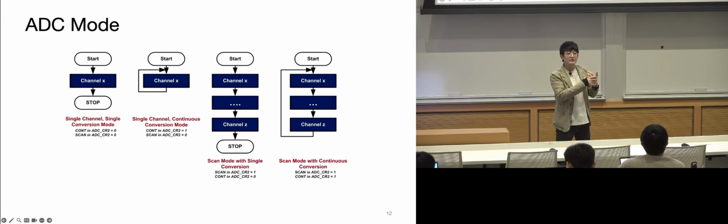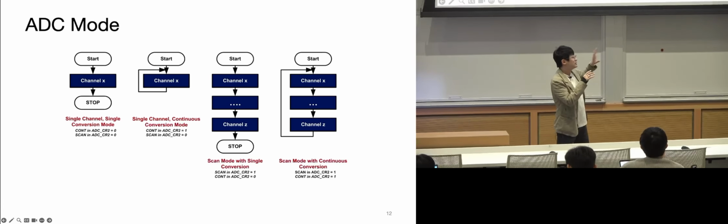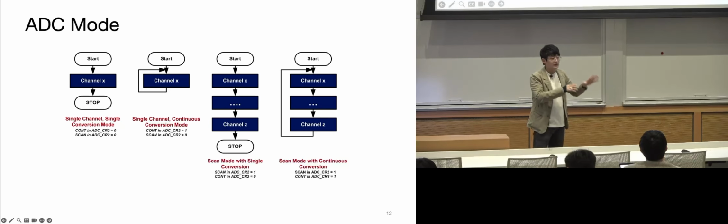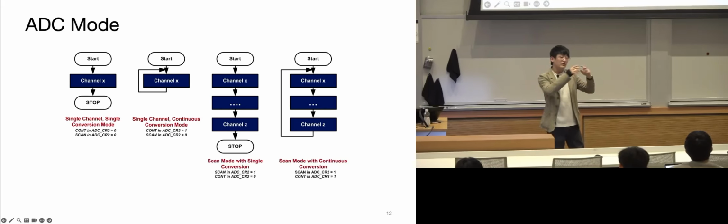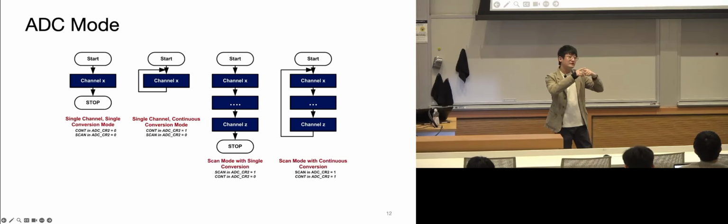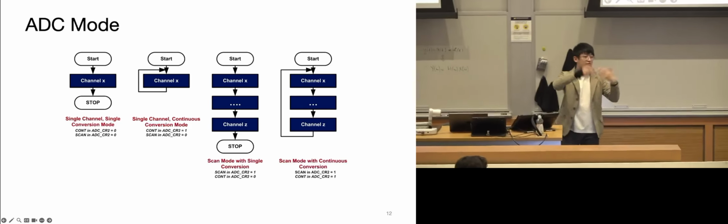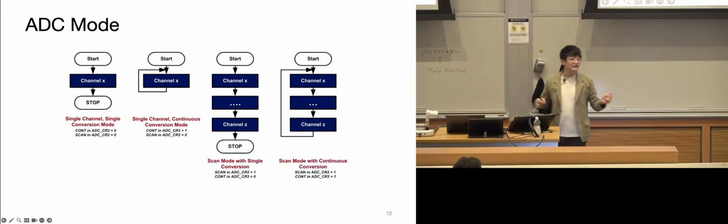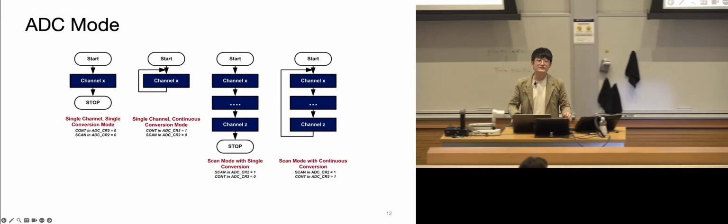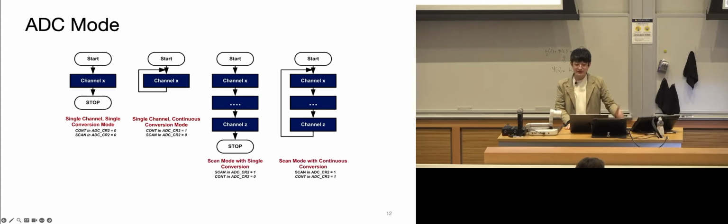It depends on your own configuration. If you use the injected channel, depending on how you configure it, the order might vary. But for the regular ones, the order would just be the default order. Sounds good?